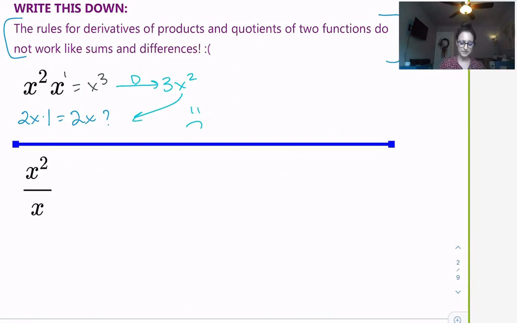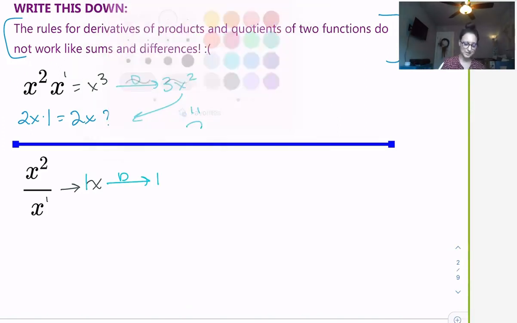Let's try the same thing here. So let's say x squared divided by x. Well, that is equivalent to just x, right? So the correct derivative should be what? What's the derivative of, give you a hint, 1x. The slope of that line is always 1, right?